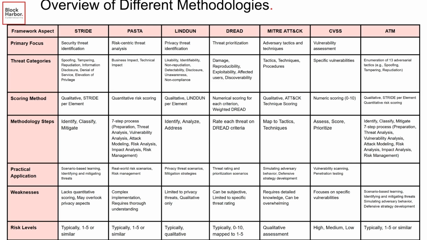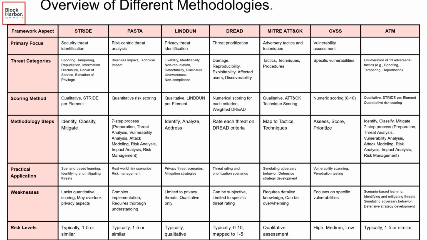PASTA follows a detailed 7-step process: preparation, threat analysis, vulnerability analysis, attack modeling, risk analysis, impact analysis, and risk management. This comprehensive process makes PASTA ideal for scenarios where you need to understand the broader implications of threats on business objectives. However, its complexity requires a thorough understanding and can be challenging to implement.